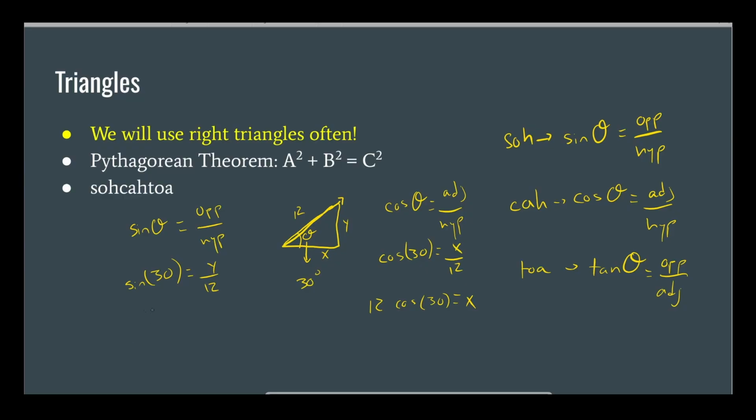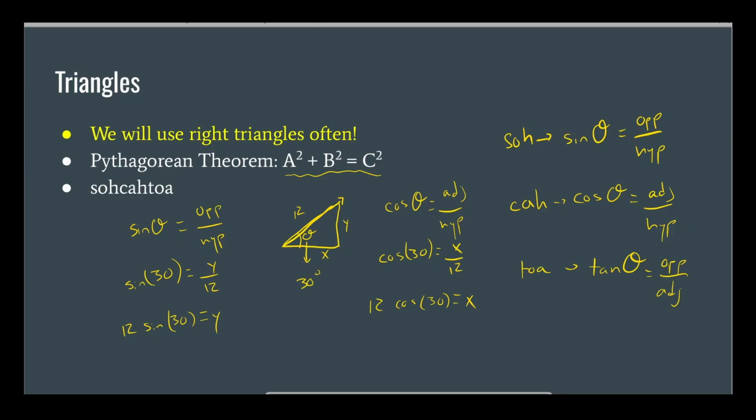Same idea: we just move the 12 over, so we have 12 sine 30 is equal to y. And again, that's a pretty simple mathematical operation. You'll see that whatever your x and y values are, they're going to align with this. So you could even check your work and say x squared plus y squared is going to be equal to 12 squared.